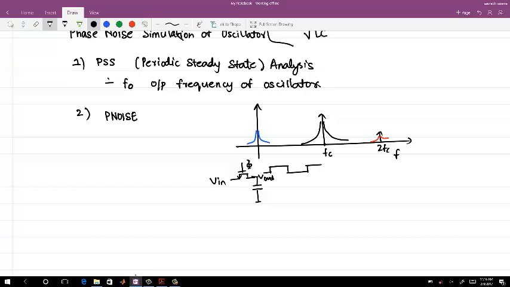Okay, so if the switch is always on, it is acting as a resistor. So if it is a resistor, then V in to V out is a low pass transfer function if it's always on. But because you are sampling it, right?